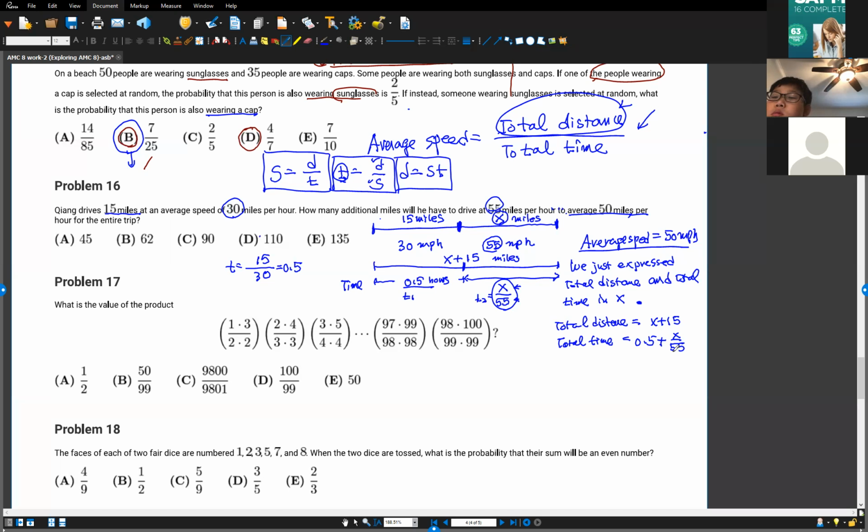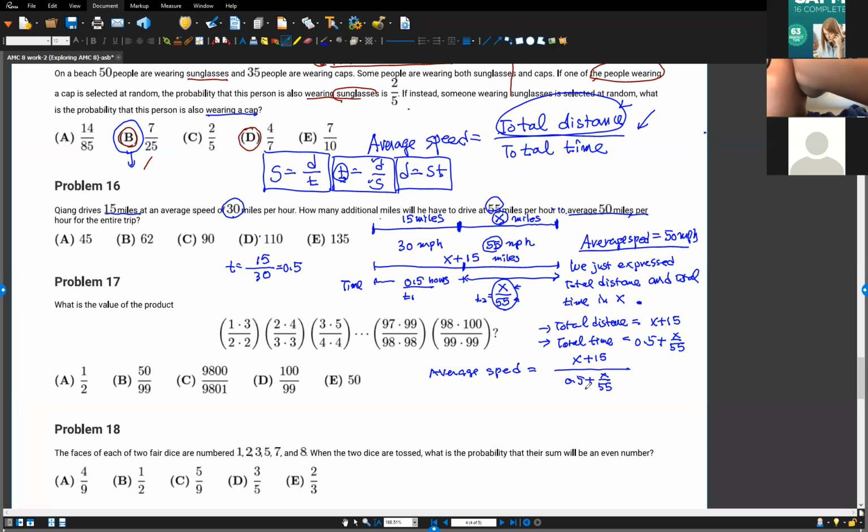What is the average speed by definition? Total distance over total time. Where is total distance? x plus 15. In terms of x, where is the total time? 0.5 plus x over 55.